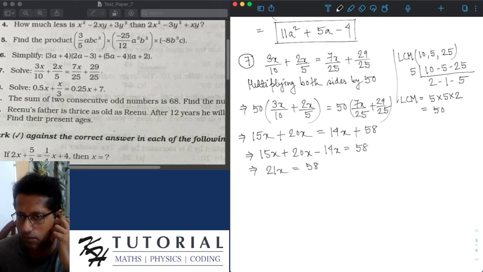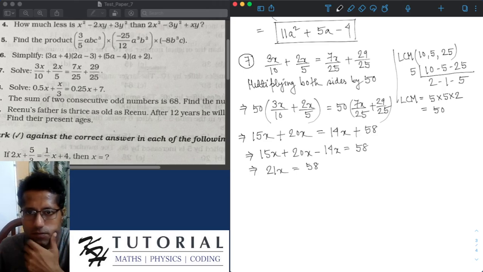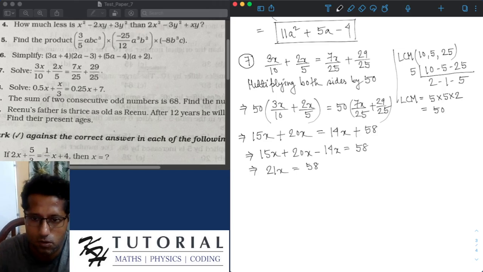So we multiply both sides by 50 and it becomes 15x plus 20x equals 50 into 7x by 25, which is 14x, plus 58. Now 15x plus 20x minus 14x equals 58, yeah, it is fine.